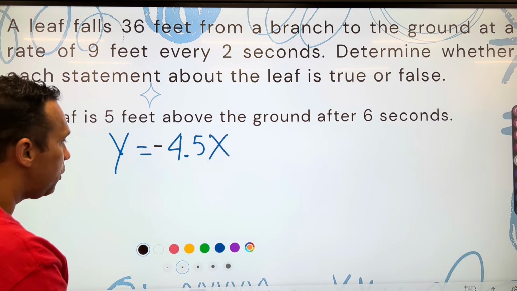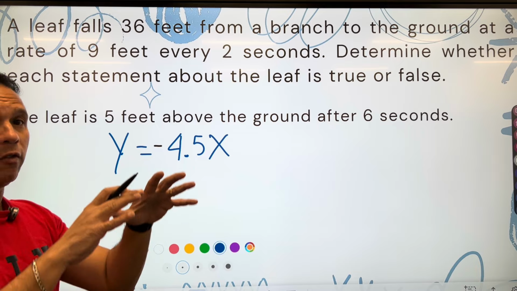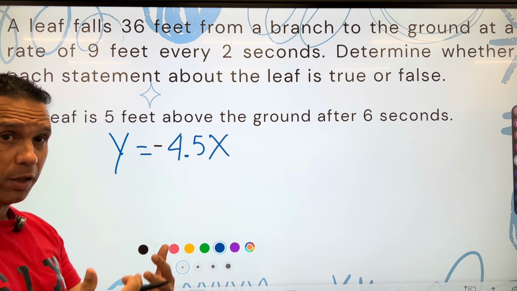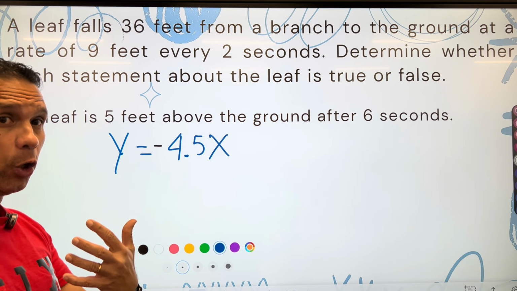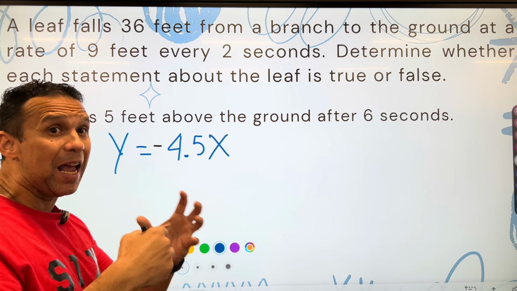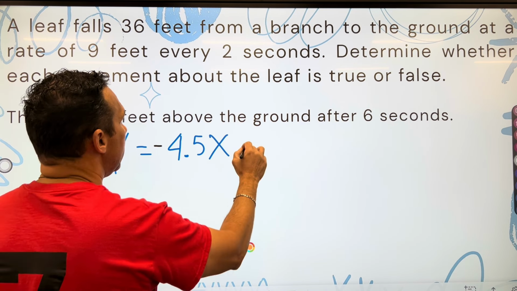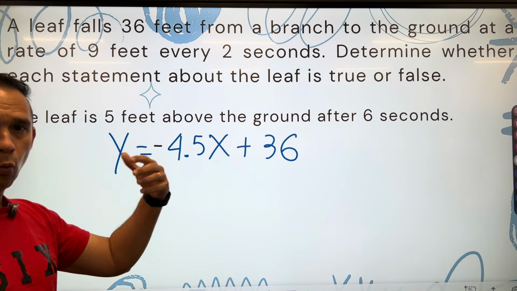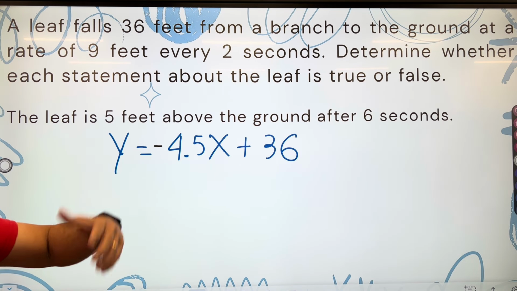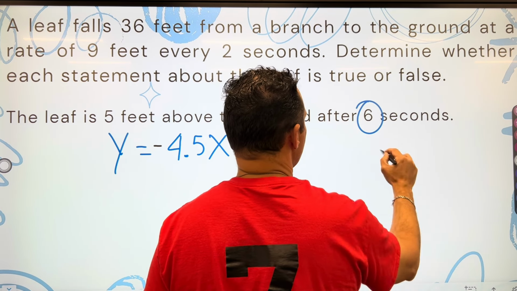Now what is the height before you start falling? So b, the y-intercept, what I had before it started. I already had that height. That was 36. So no matter the time you want, you can check the height. Let's say we want 6 seconds.